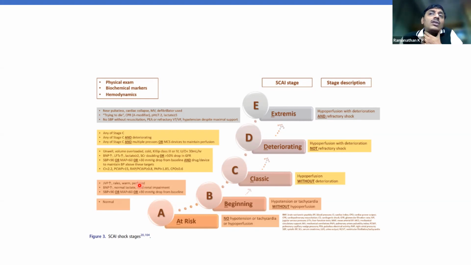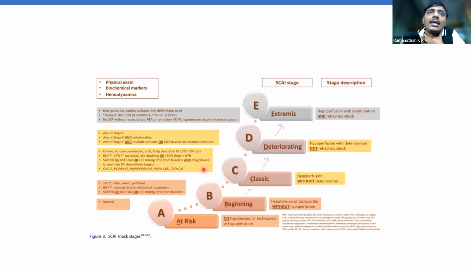And as they move on to the classic cardiogenic shock, they also have evidence of organ hypoperfusion. Now, not only does the lactate rise, you would get to see that they get renal impairment or acute kidney injury. They get features of ischemic hepatitis.